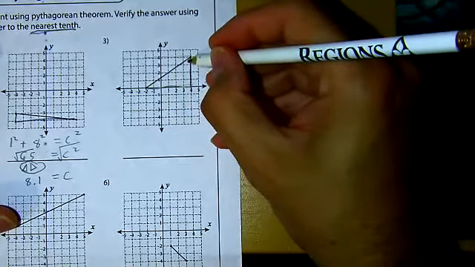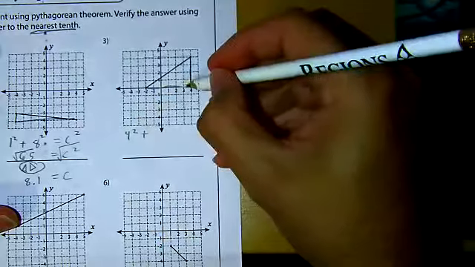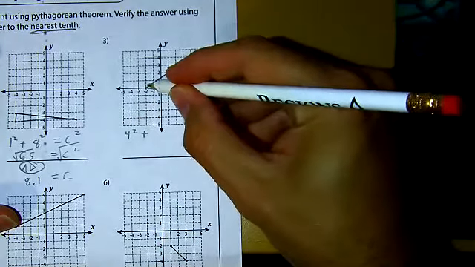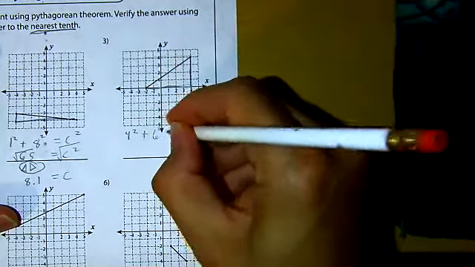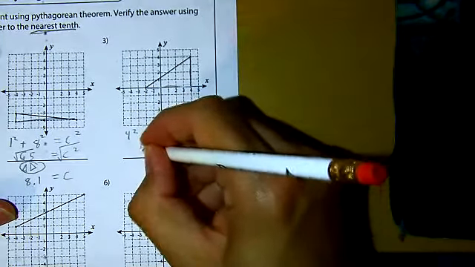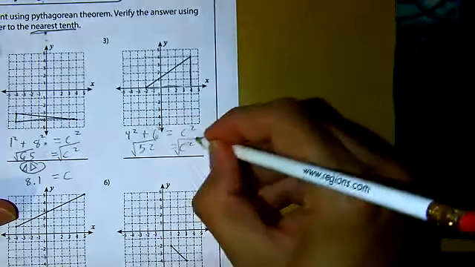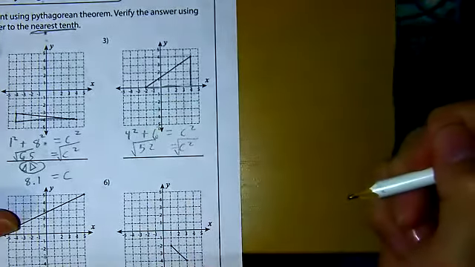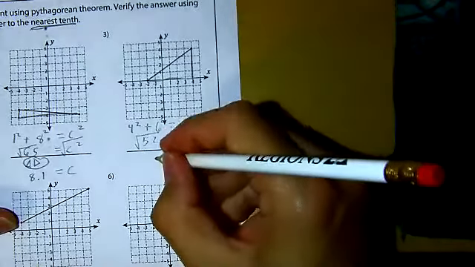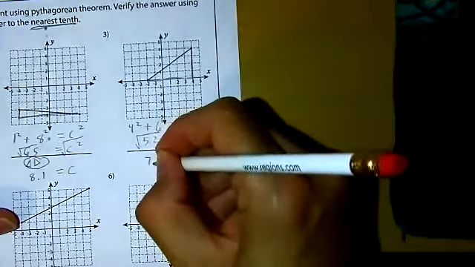So the side of this is 1, 2, 3, 4. 1, 2, 3, 4, 5, 6. You punch that in, you get 52. You take the square root of both sides. It's going to give you that again. So you're going to hit the change key, and it will give you 7.2.